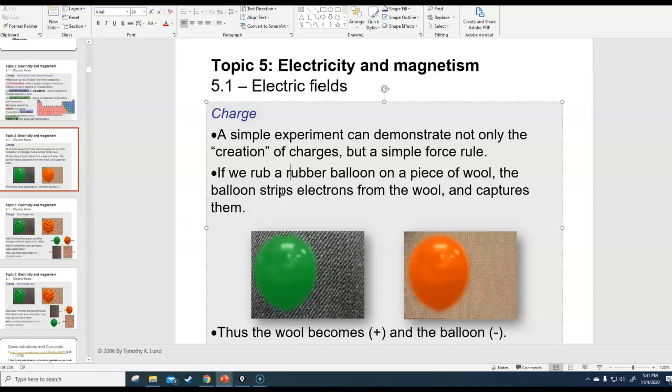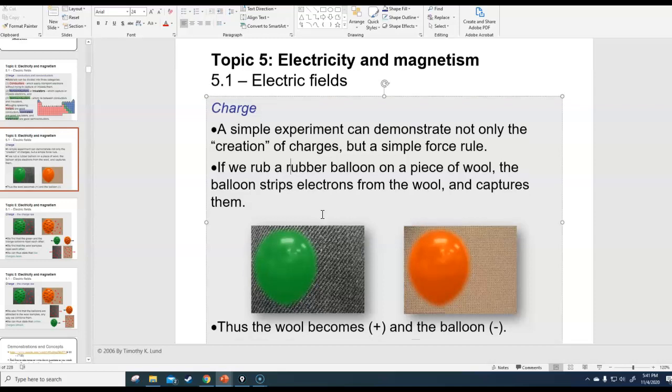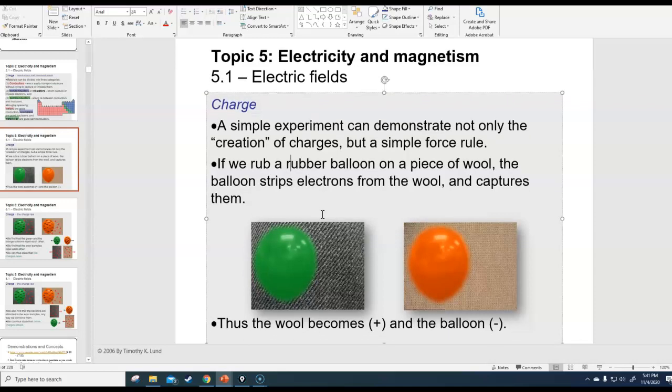And so the balloon is going to stick to the wool. Now understand that we have not actually created any new charge. The wool and the balloon were both electrically neutral. Now one is positive and the other is negative, but the overall net charge is still 0. All we've done is transfer electrons from one object to another.